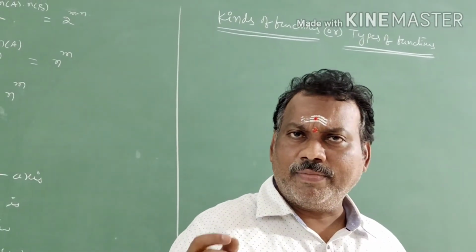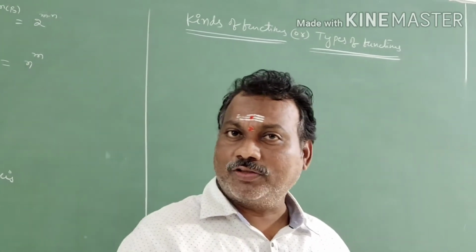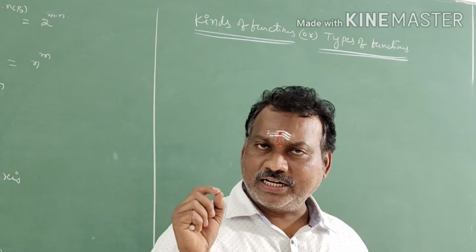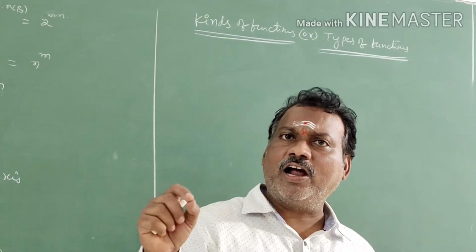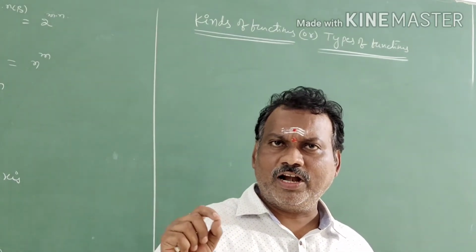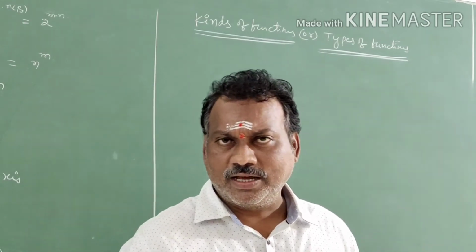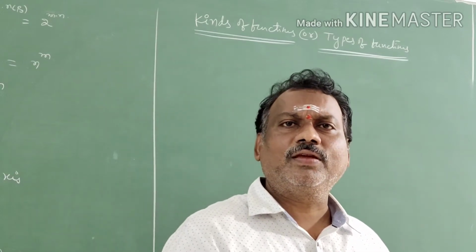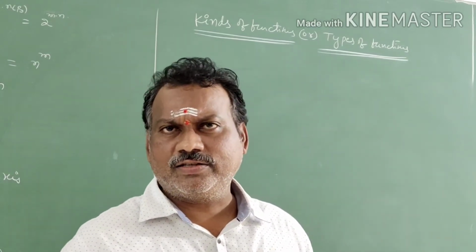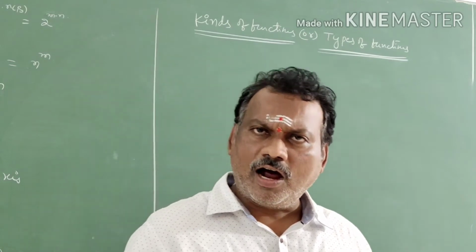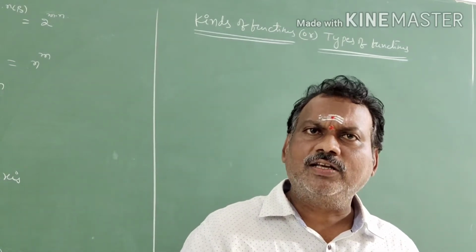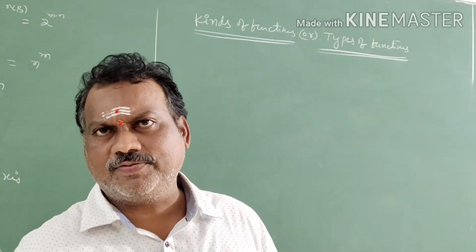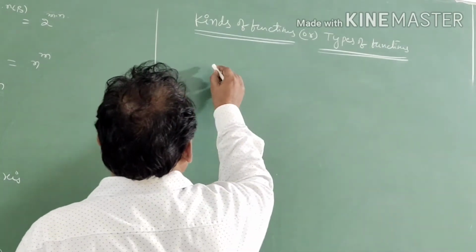Third one, many-one. Fourth one, into function. Fifth one, bijective function, or one-one and onto function, or bijection. Next one, identity function. Next one, constant function. Next we have even function, odd function, composite function, and so many more. So these are all the types. Now we will discuss them. The first one is the one-one function.